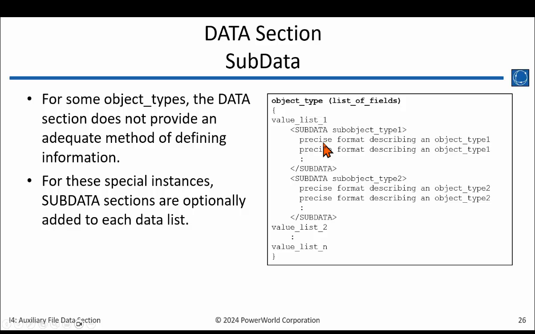The contingency action object would have as part of its key field the name of the contingency. So that's how each action gets associated with the correct contingency. In the case of using SUBDATA, it would be associated by the action under which the SUBDATA occurs.